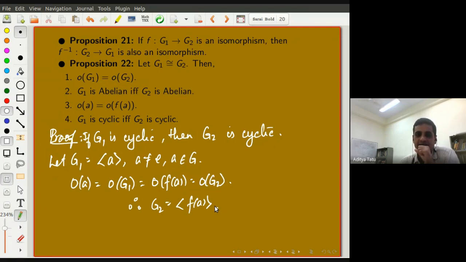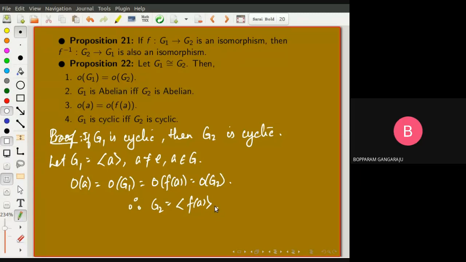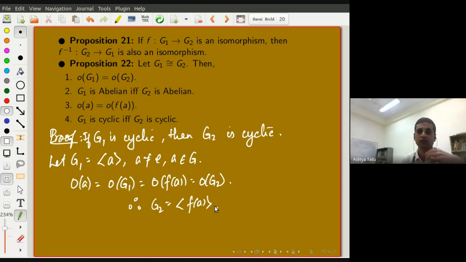The statement just says that G2 has to be cyclic, but the proof gives you the generator of G2 as well, isn't it? So if A is a generator of G1, then F of A is a generator of G2. So we also know how to find the generator of the other group if we know the generator of one group. Okay.